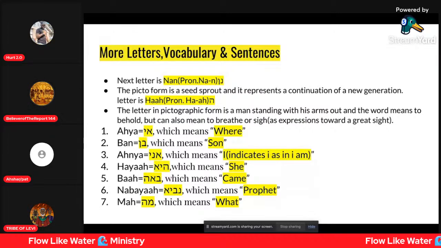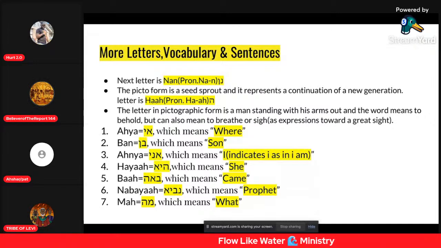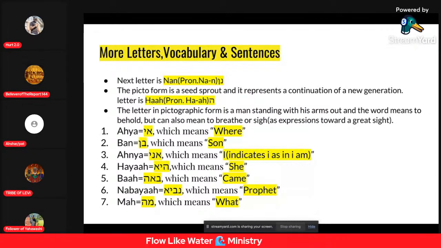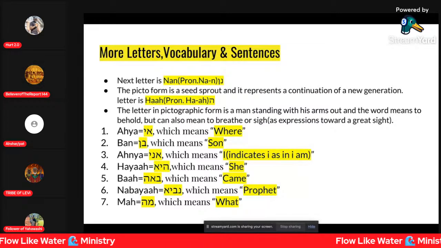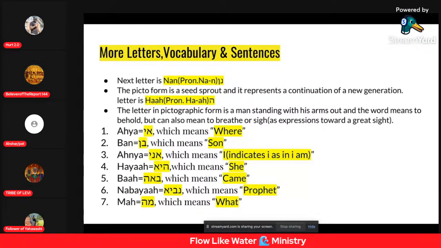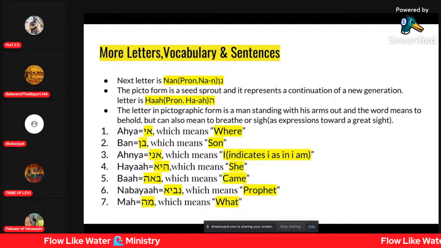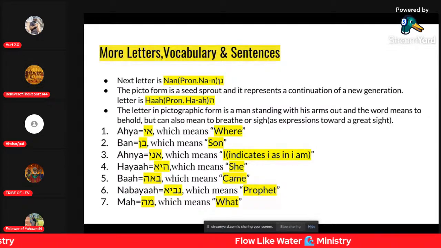So this is another slide and another example of the previous few, utilizing the letters that we've now picked up and learned, and now we're able to lengthen or enlarge our vocabulary, so to speak. The first word is aya, which as the slide says, just means where.